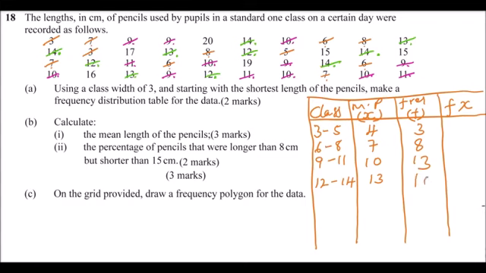The next class is 15 to 17. The midpoint is 16. So we get the number of data in between that class. Between 15 and 17, this is 1, we have 2, we have 3, and we have 4.